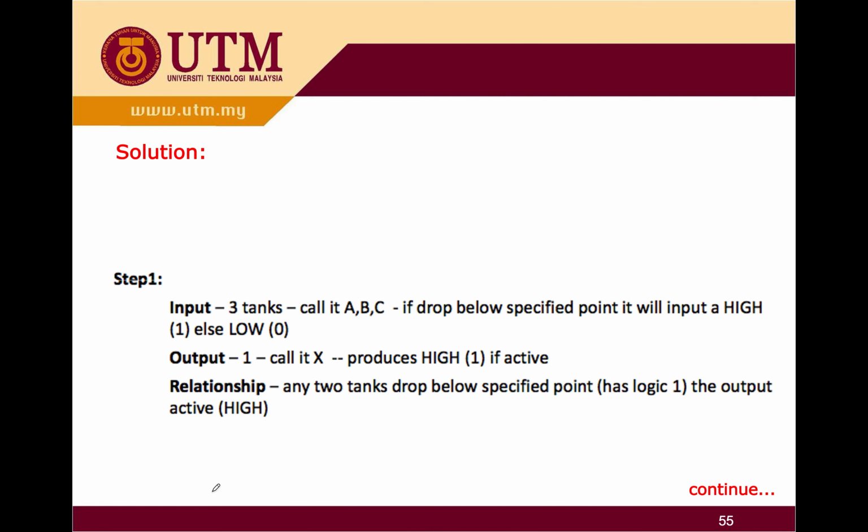So for the solution, you need to know that there are 3 tanks, which we can call A, B, and C, and when the level drops below the specific point, it will be high, and we know that high is 1, and the other is low, which is 0.